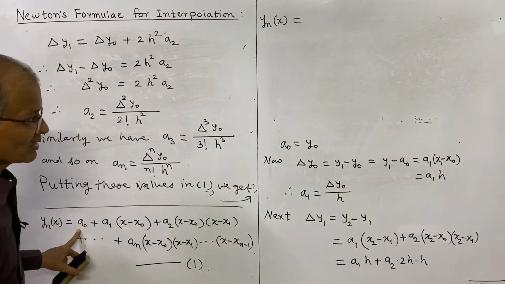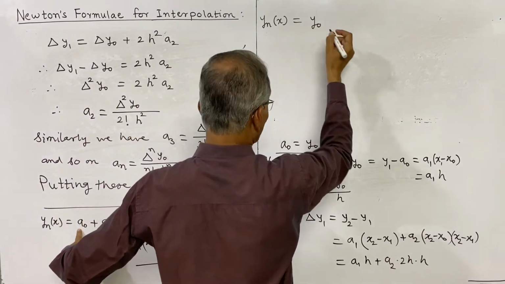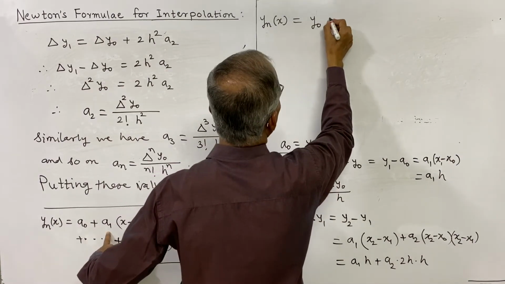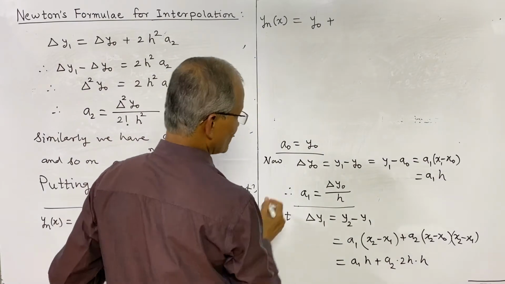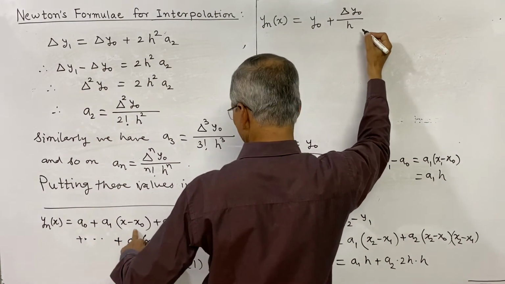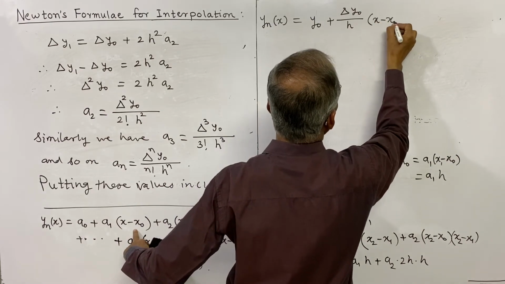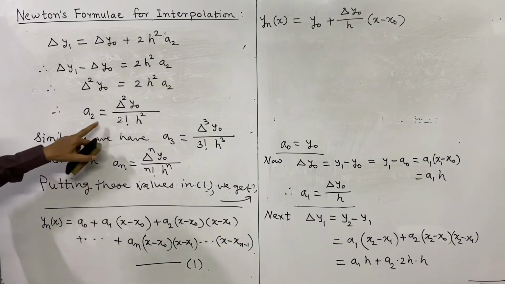A naught, what is A naught? Is y naught, plus A1. What is A1? A1 is this one, delta y naught divided by h into x minus x naught, and plus A2. Now what is A2?